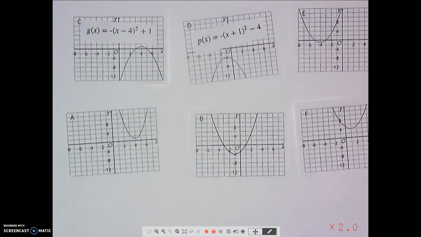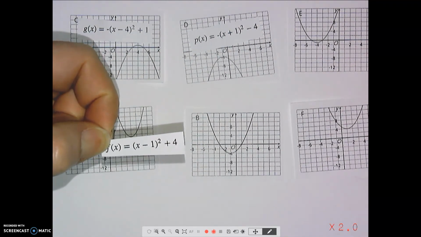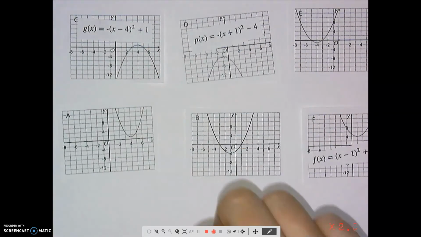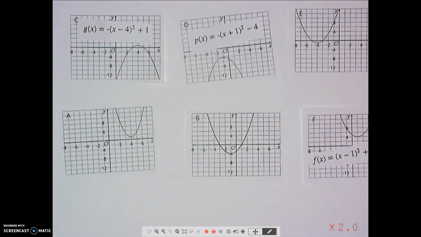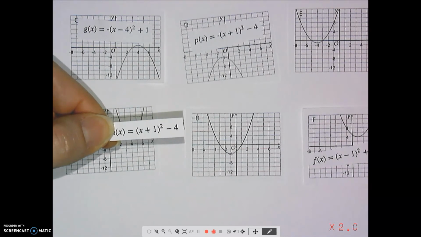Next one, we have f of x equals the quantity x minus 1 squared plus 4. This does face up, and it has a vertex at the point (1, 4). Which of these graphs has a vertex at (1, 4)? That's going to be graph F. We have h of x equals the quantity x plus 1 squared minus 4.